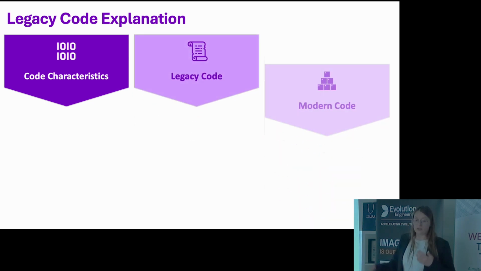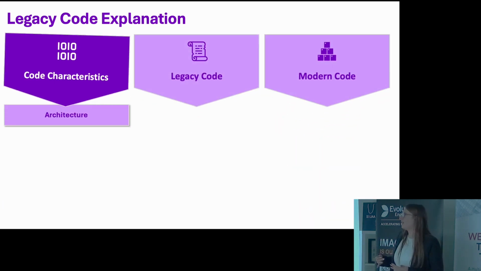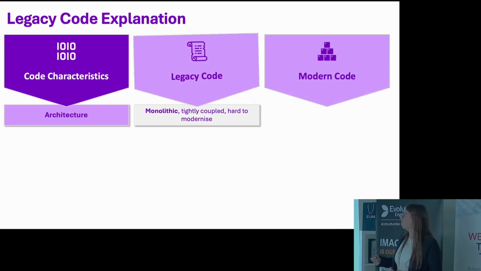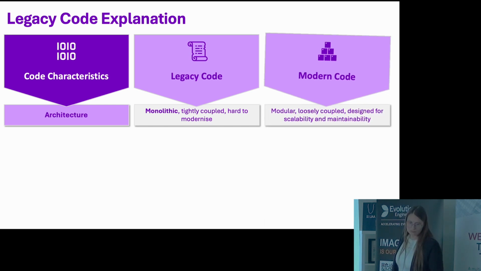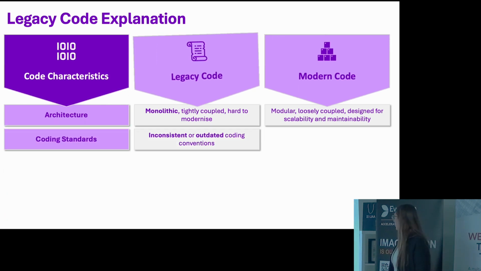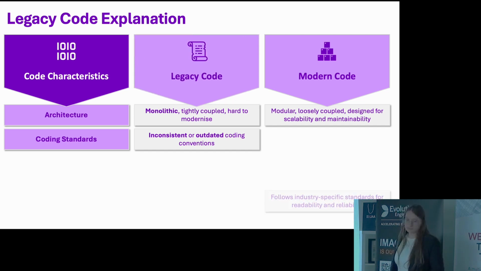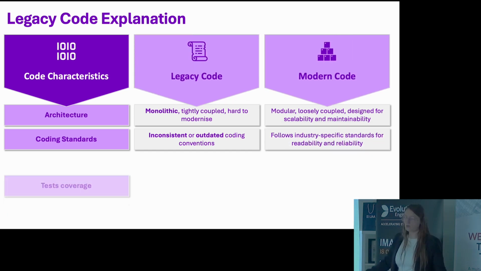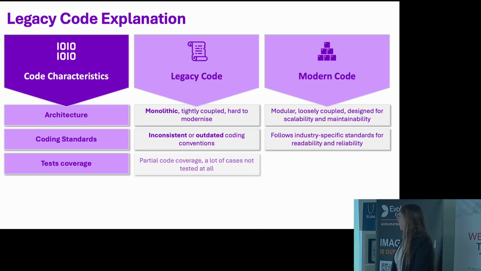This is how I initially used GitHub Copilot with this legacy code base, and it helped me a lot to improve, I would say, the consistency of my code. First of all, from a monolithic, tightly coupled architecture, it helped create a more modular, more loosely coupled, and definitely more scalable code base. Next, it helps fix inconsistent coding standards, and now the code base in our monolith is at least following some industry-specific standard.